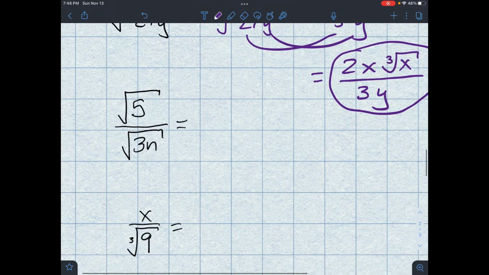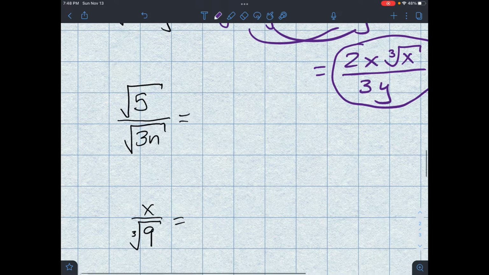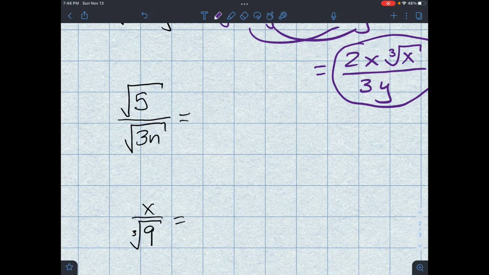Now comes the challenging problems because notice here, this problem looks like it's stuck because 3n is so simple. Like, what could possibly come out? Nothing. Well, here's where we have to change the bottom so that we can get rid of the radical sign down there. So the short way to do this is to multiply by itself.